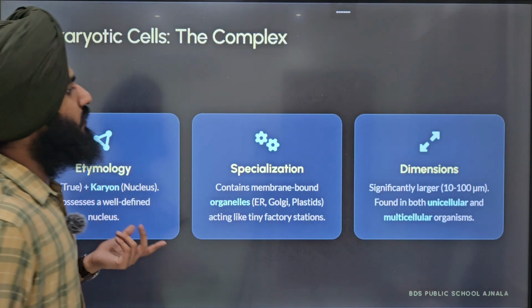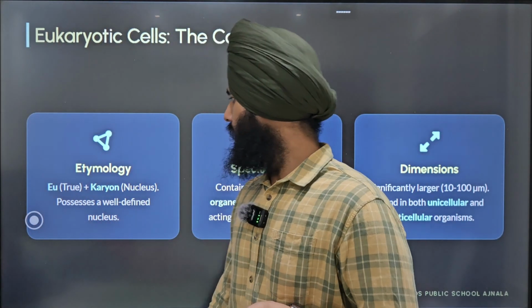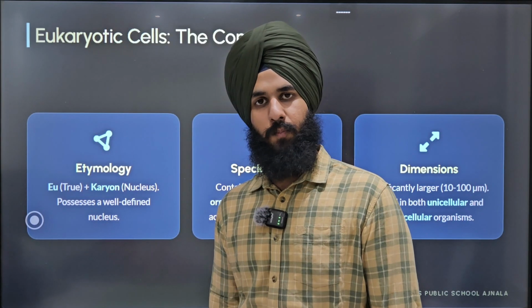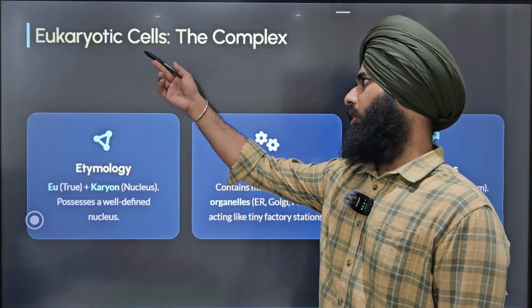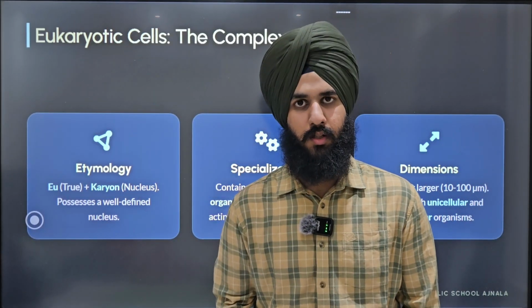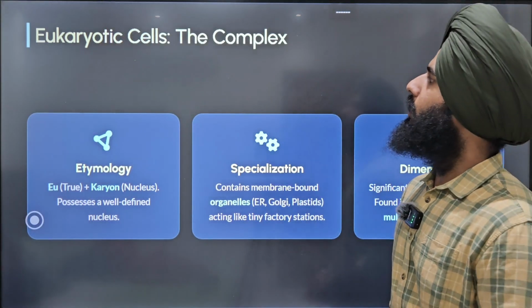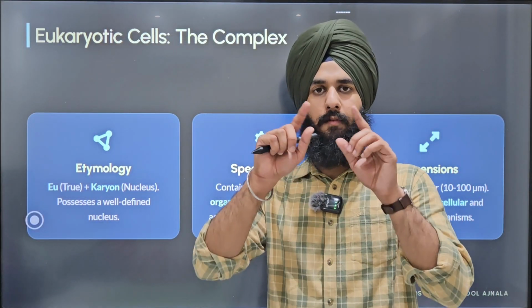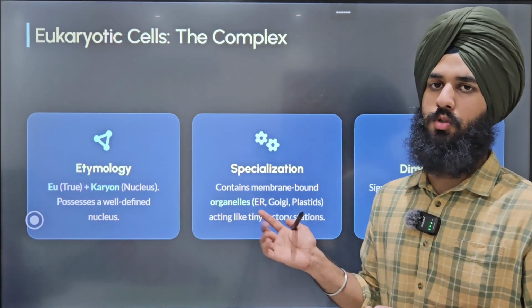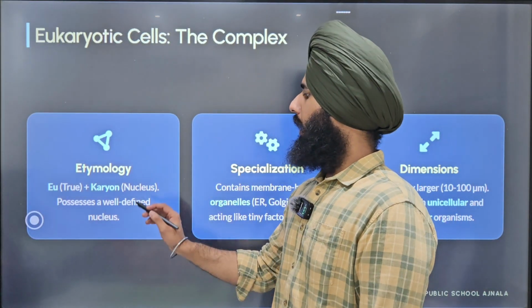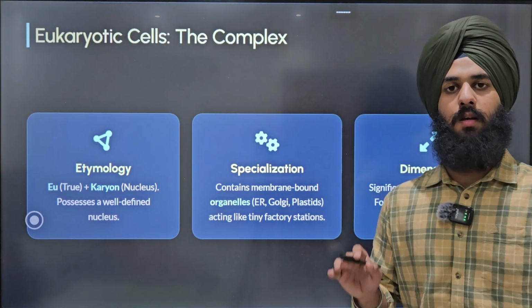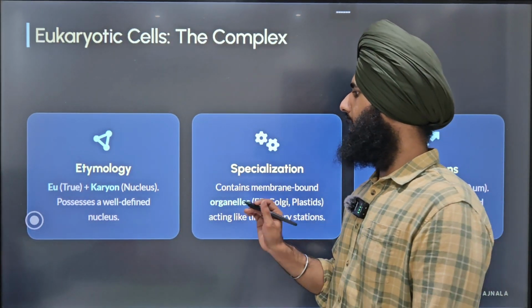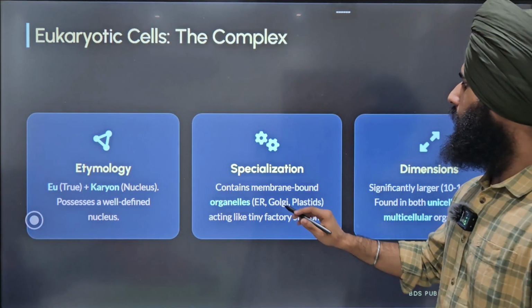The other type of cells are eukaryotic cells. Eu over here stands for true, and karyon or karyotic stands for nucleus. So these cells contain a true nucleus, which is a well-defined round shape which we usually see in the cell diagram. And this nucleus is bound by a membrane, so it's a very clear nucleus.